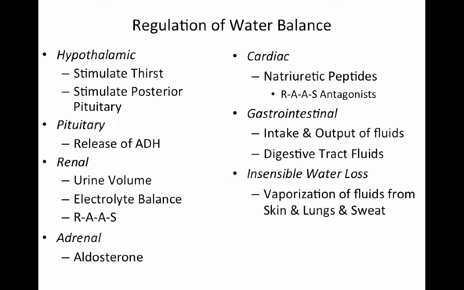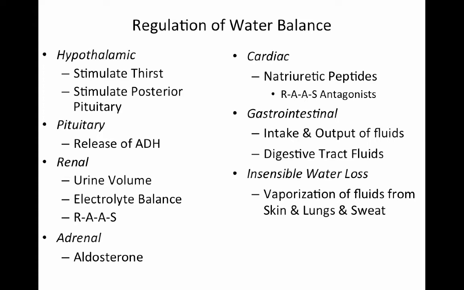The hypothalamus also has a role in blood pressure control as well. It stimulates the posterior pituitary gland to release ADH, as we talked about ADH the other day. Antidiuretic hormone actually regulates the kidneys. ADH increases the permeability of cells in the distal renal tubule to water, which allows water to be reabsorbed.